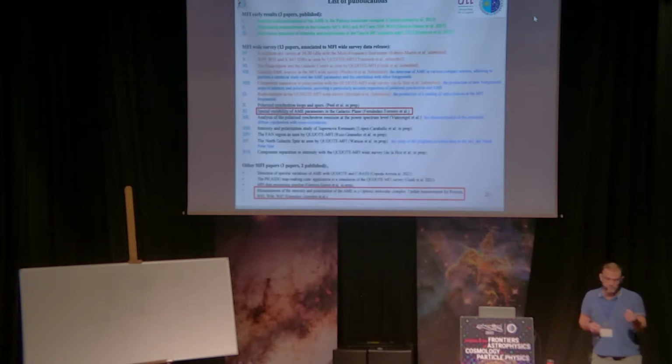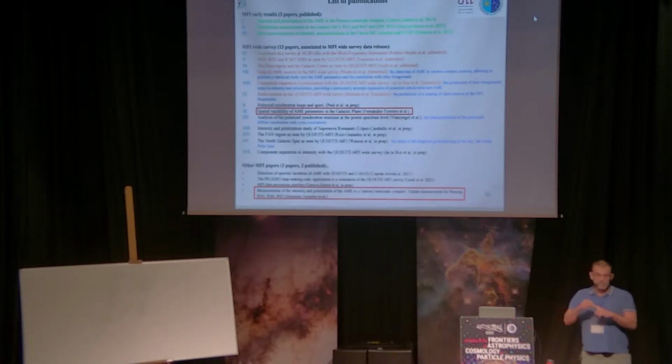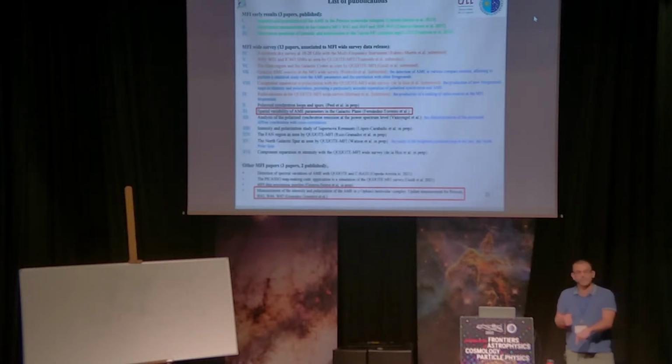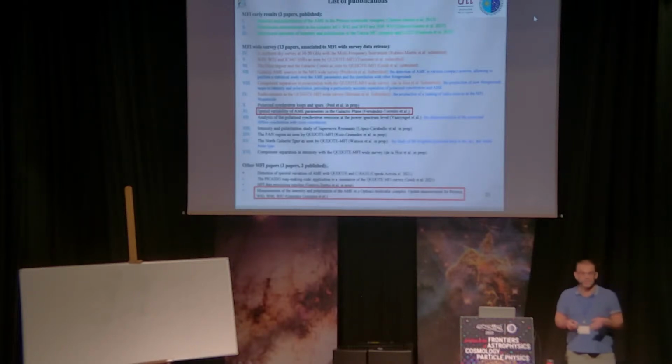Another possibility is that they have a magnetic dipole. They interact with the magnetic field and emit this kind of radiation. But in this last case, we expect a very high polarization, but all our measurements give us a very low polarization. So that is the reason why we are trying to discard the last one, and the most probable hypothesis is that the AMI is related to the dust grains rotating.